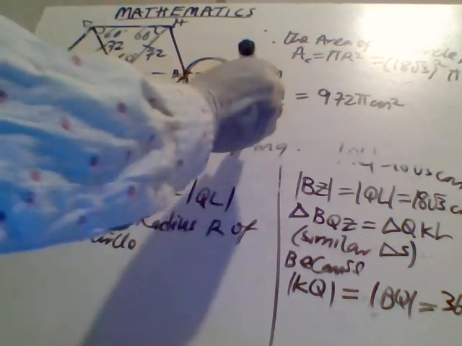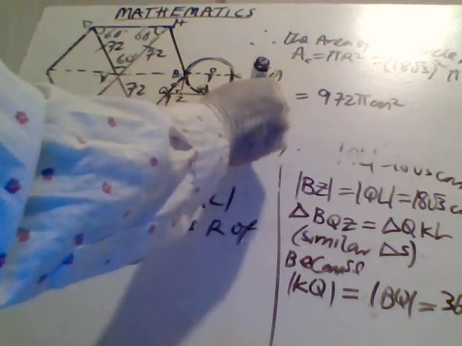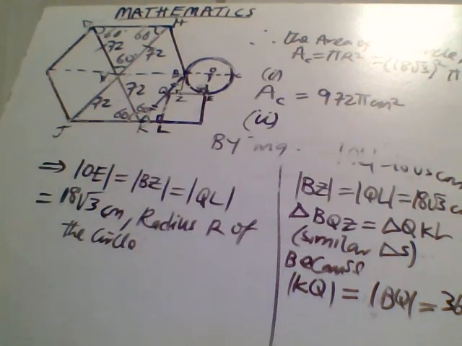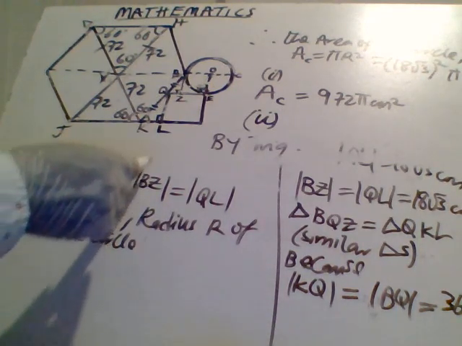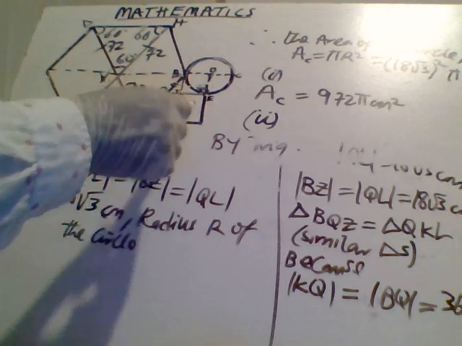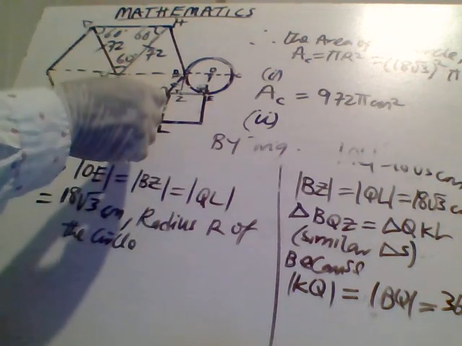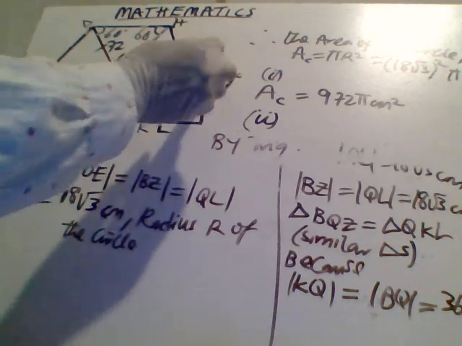So the second question is that you are required to find the length and width of the rectangle. So let's proceed into solving it. Remember that OE is equal to BZ, and is equal to QL, because this is the radius.